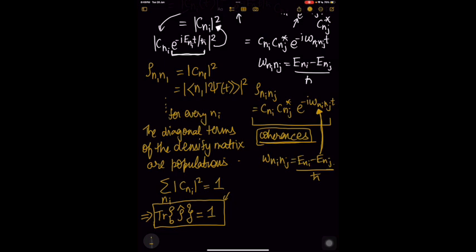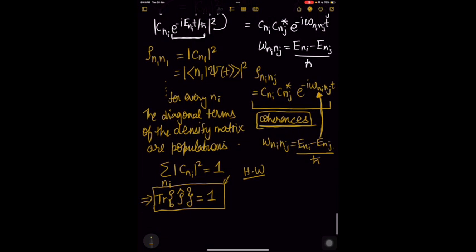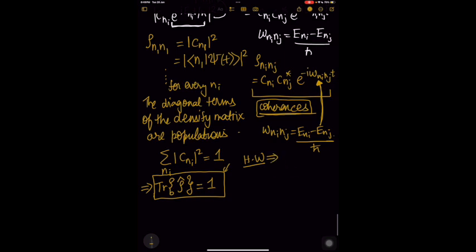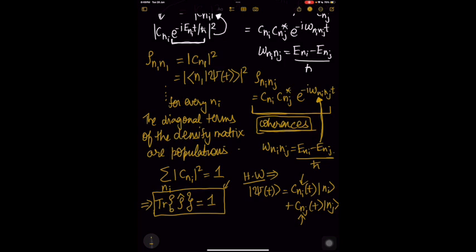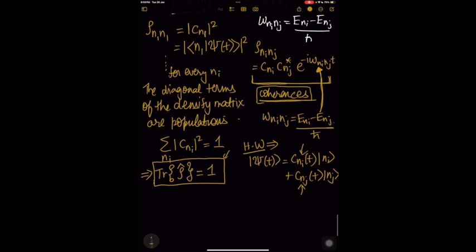So as a homework, I would urge you to consider an arbitrary quantum system, psi of t, with some coefficient c ni of t, ket ni plus c nj of t, ket nj, and you calculate c ni of t times c nj star of t, and see that it exactly matches this, which is very simple to see, but you should try this out as a simple exercise for homework.